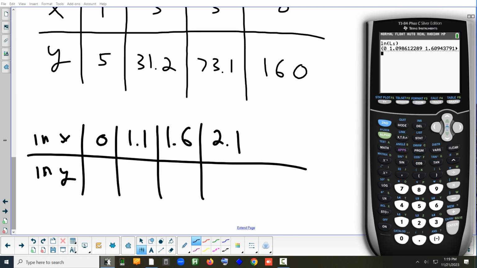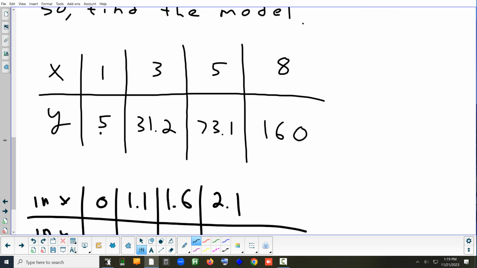Now let's do the ln of all the y's. What do you think I'm going to press to get the natural log of every number in the y's, all in one step? Yeah? ln and then second 2. Second 2. So that's going to give me the ln of everything in list 2. So 1.6, well yeah, that one should be the same because we had a 5 and a 5. So those are the same.